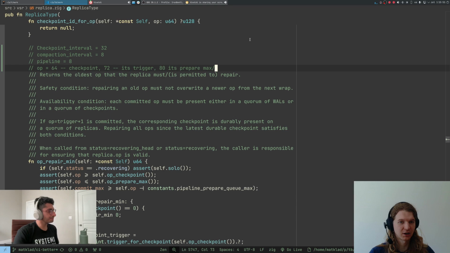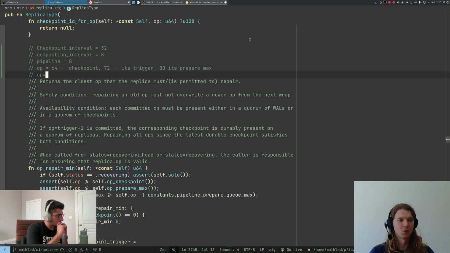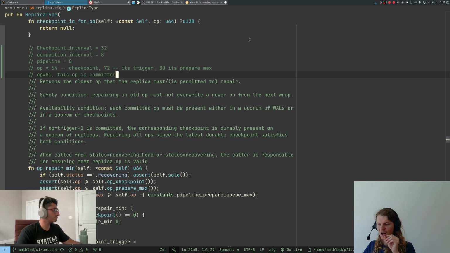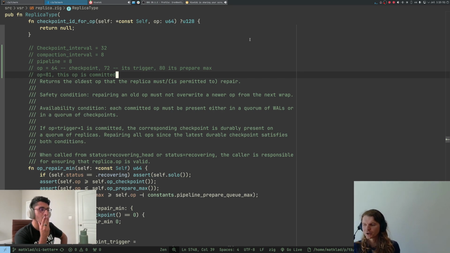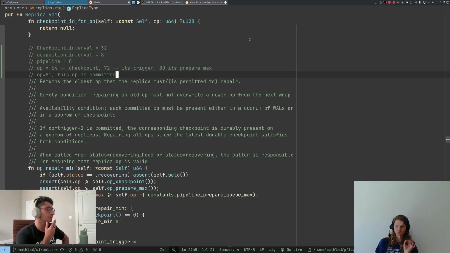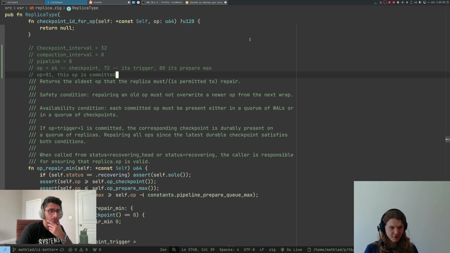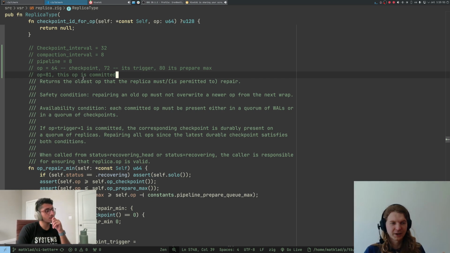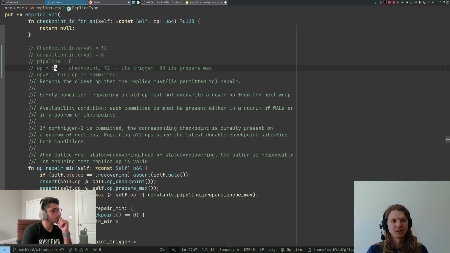Now let's suppose that you see op equals 81, and this op is committed. So you get a ping from primary, and primary says, hey, my commit min, which is commit max for the cluster, is 81. What can you infer from this? Obviously, if primary committed op 81, that means that the primary is on the next checkpoint.